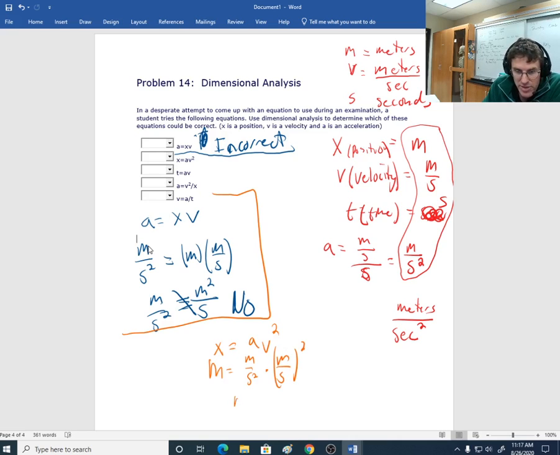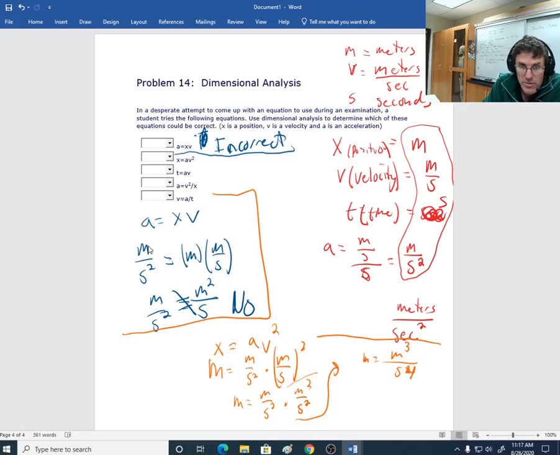So meters equals meters over seconds squared times meters squared over seconds squared. When you multiply that out, it's meters cubed over seconds to the fourth. That is in no way, shape, or form correct either, so this one is incorrect.